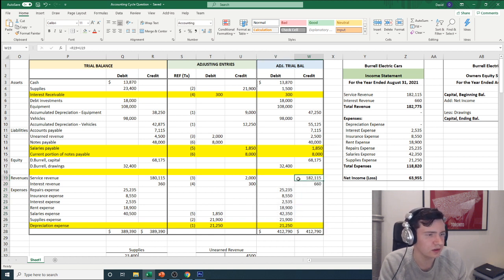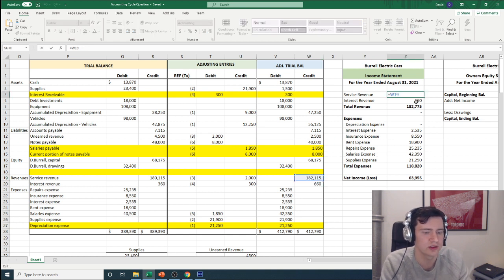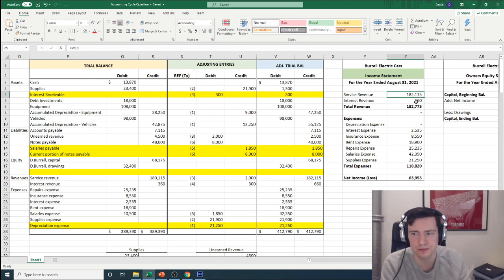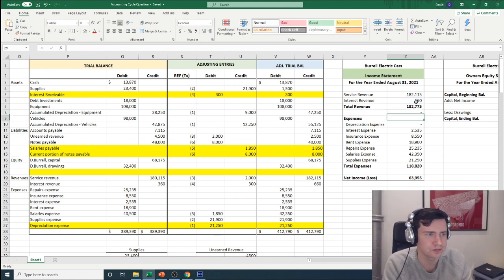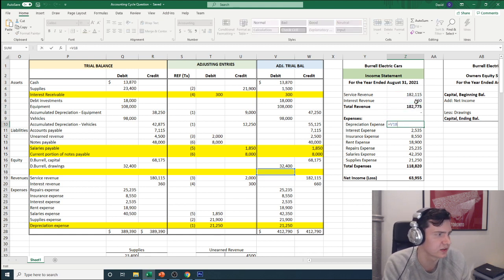So service revenue, as you can see right here, 182,115. So we carried it over there. You can see where the cells are referencing one another. Interest revenue, 660, referencing that one. And then our total revenue is just the sum of those two accounts. Depreciation expense.